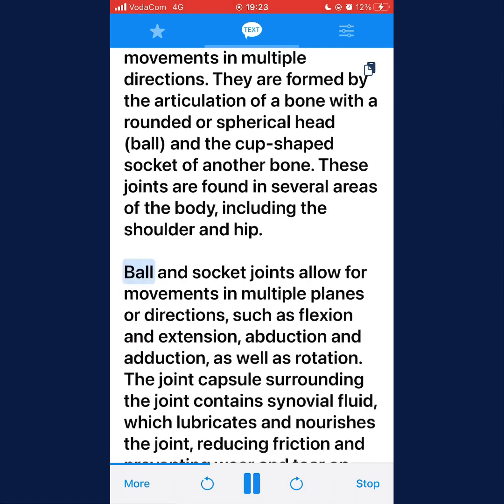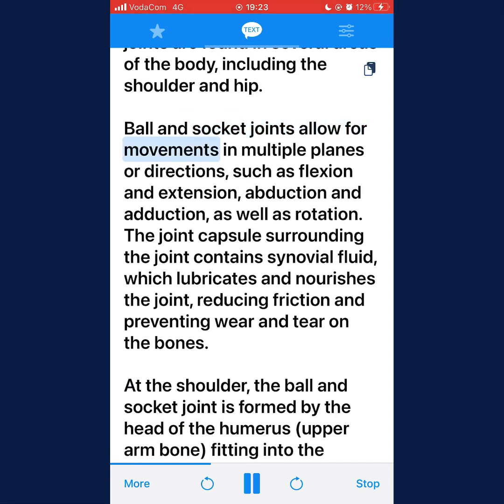Ball and socket joints allow for movements in multiple planes or directions, such as flexion and extension, abduction and adduction, as well as rotation. The joint capsule surrounding the joint contains synovial fluid, which lubricates and nourishes the joint, reducing friction and preventing wear and tear on the bones.